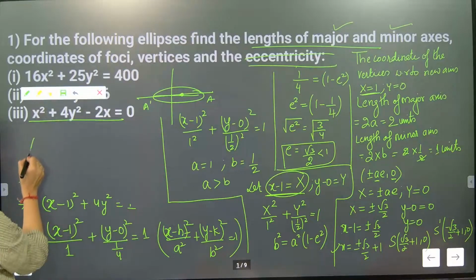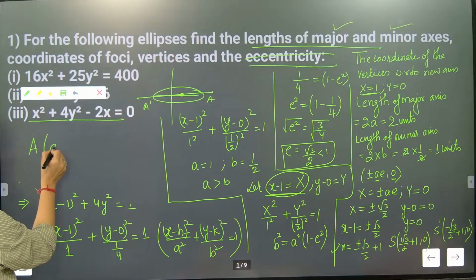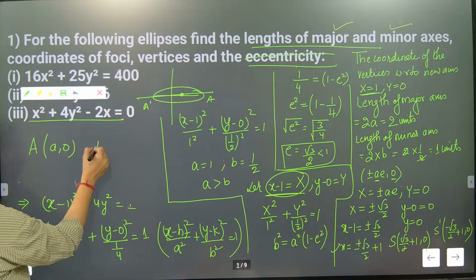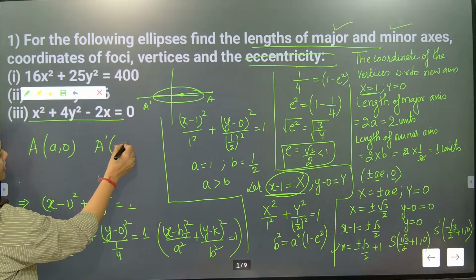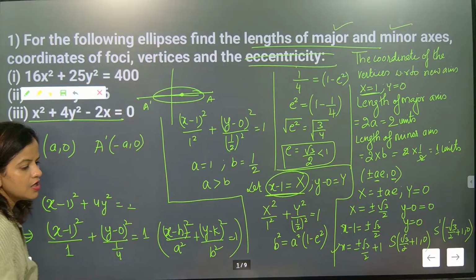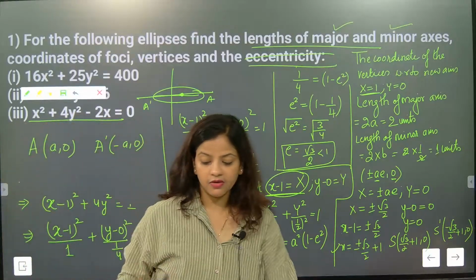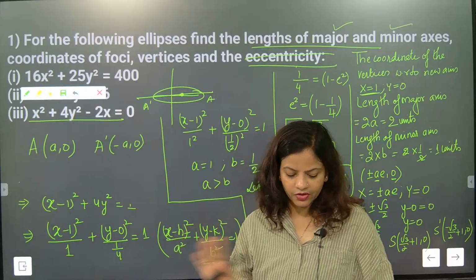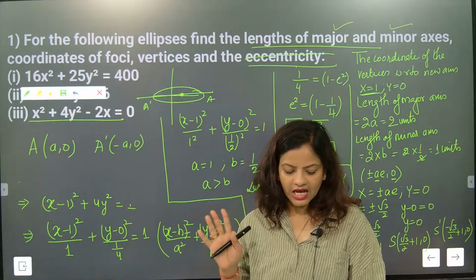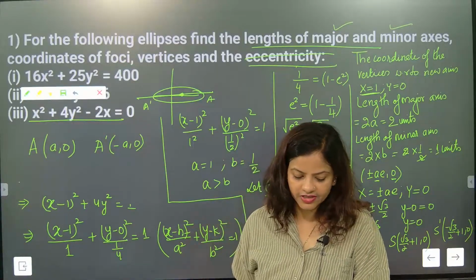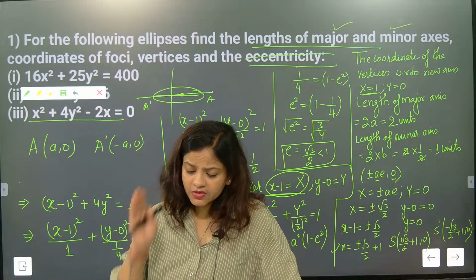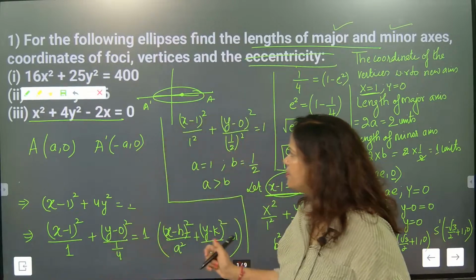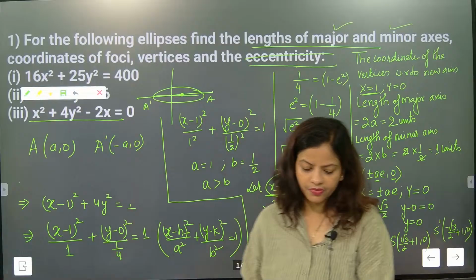Our vertex representation is A comma 0, and A dash will be minus A comma 0. So what can be the vertex here? Very carefully tell me the vertex point, because only the vertex is going to create the change. That's the only last work left. What can be the vertex? The vertices will not be changing.